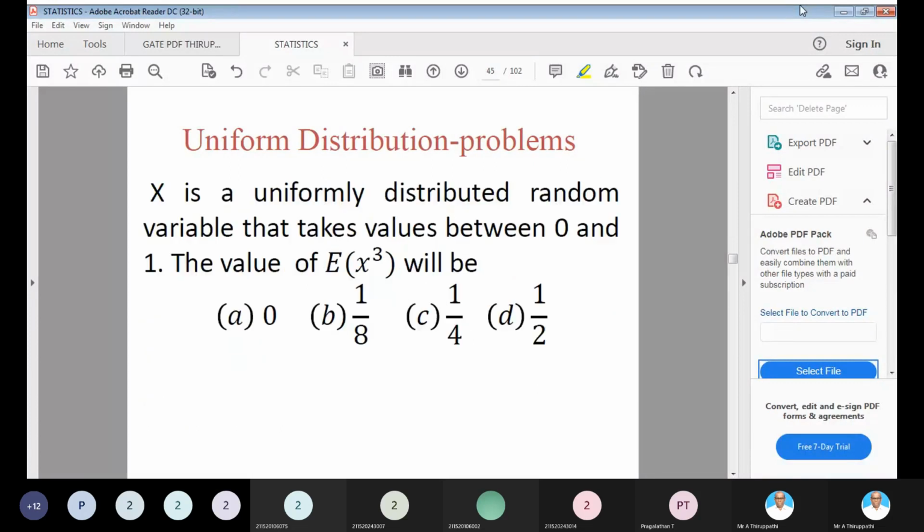X is a uniformly distributed random variable that takes values between 0 and 1. What is the value of E of x cube? Here it is a continuous random variable, you know.